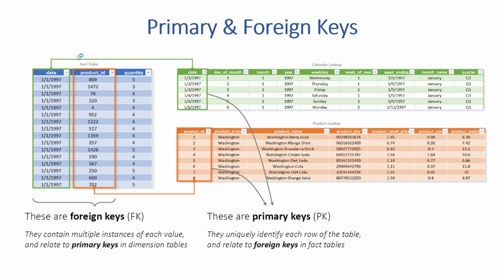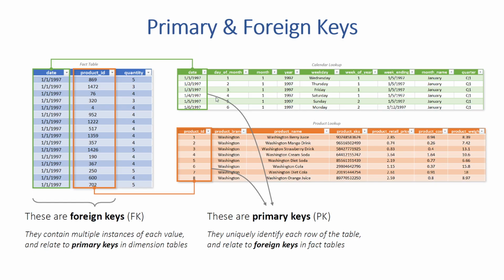So these in the fact table are the foreign key, called FK. These contain multiple instances of each value related to the primary key in the dimension table, right?